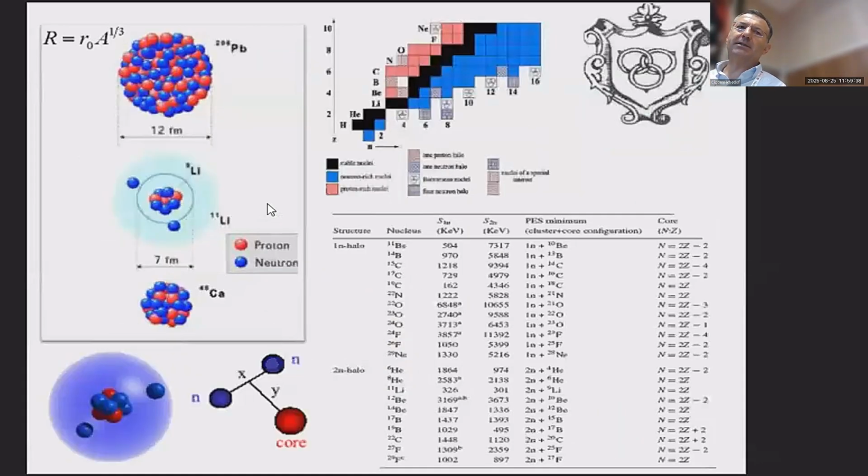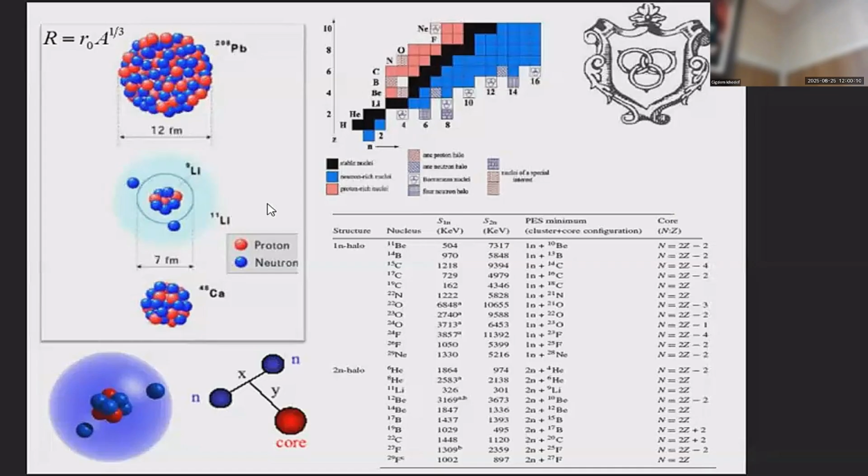These are called either Borromean nuclei or exotic nuclei or similar. Imagine you have around 210 protons and neutrons here, but it has the same radius as lithium, where you have 11.